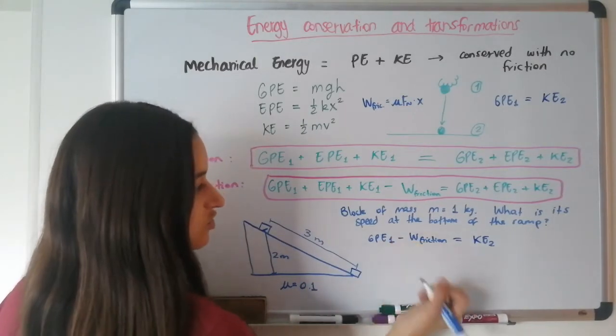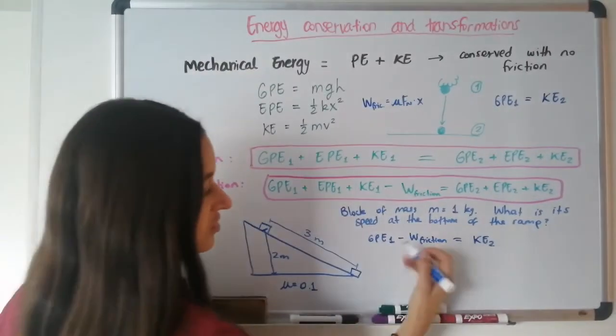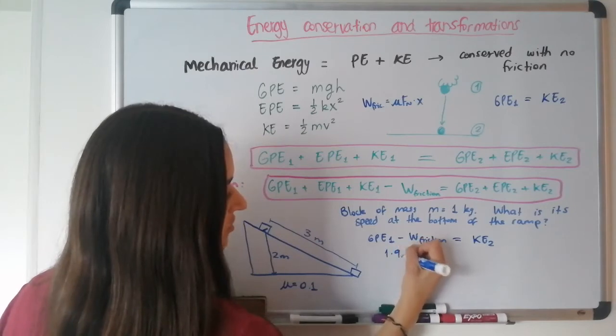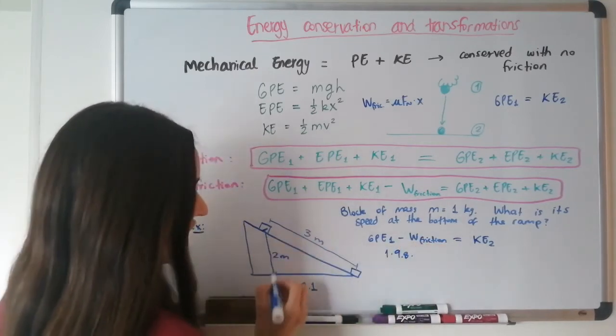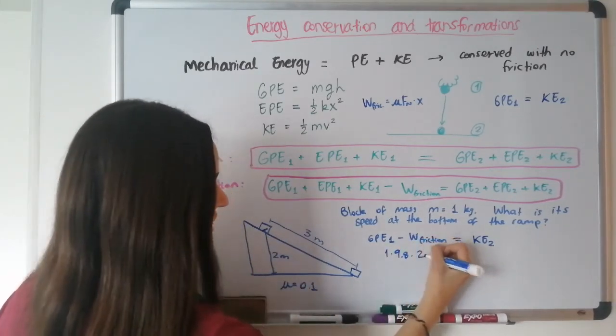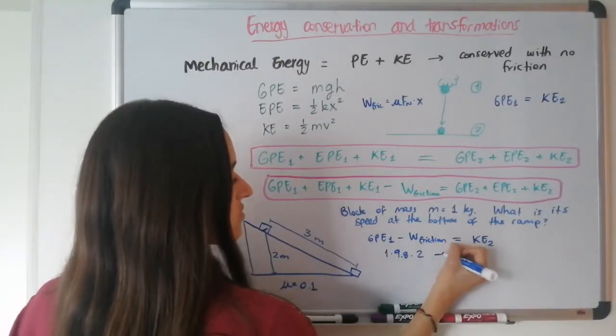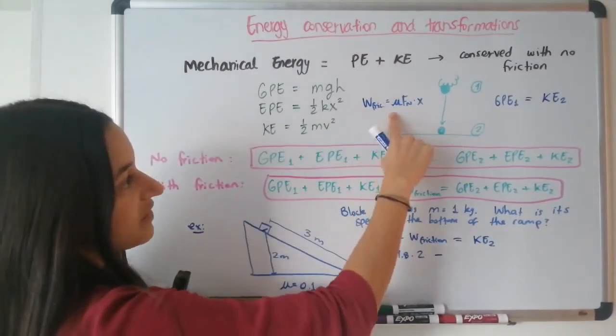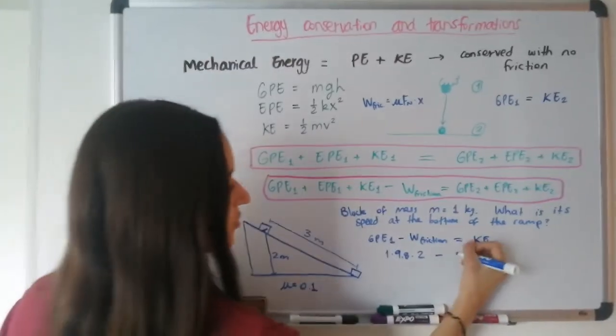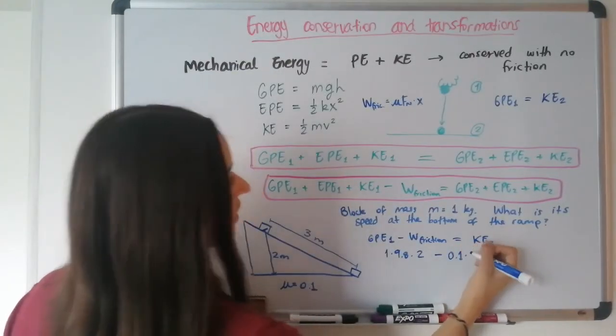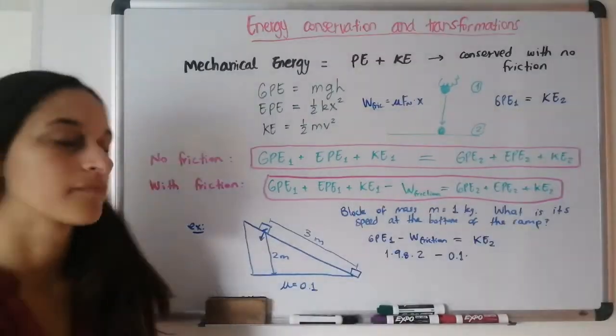So we have mass times gravity times height according to our equation. So that is 1 times 9.8 times our height is 2. Remember, we're talking about the height, not about the distance down the ramp. Now we're going to subtract W. That is mu, which is 0.1, times normal force.